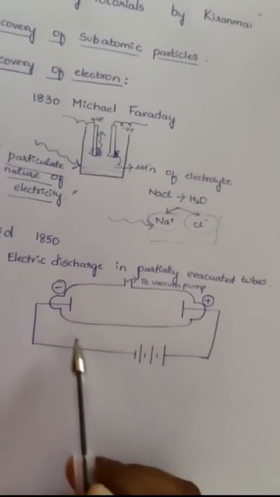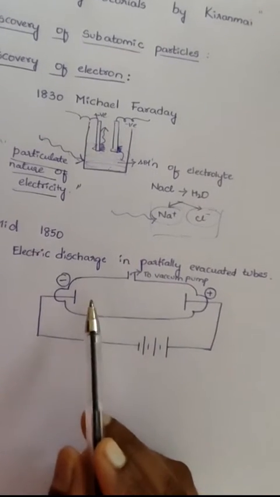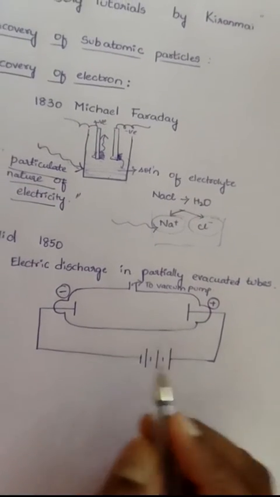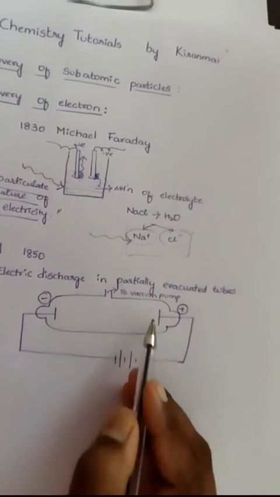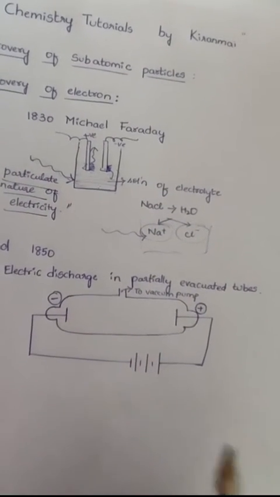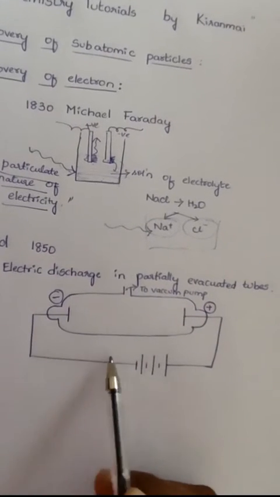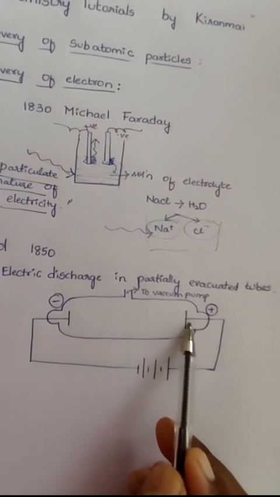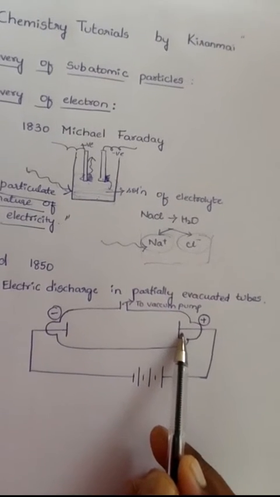This is a diagrammatic representation of a partially evacuated tube. In this tube we can see two metal electrodes. These are thin metal pieces connected to a battery. One acts as cathode and another acts as anode.